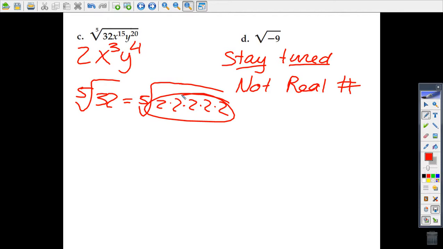This 2 doesn't have anything to do with the x to the 15th. It has to do with the 32. Since there are 5 2's, I'll pull the 2 out. Because this makes 4, that makes 8, that makes 16, that makes 32. Does that make sense?